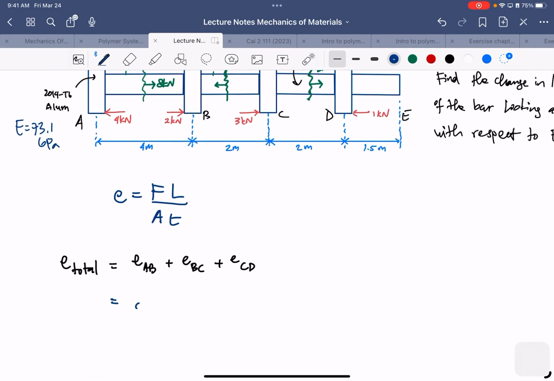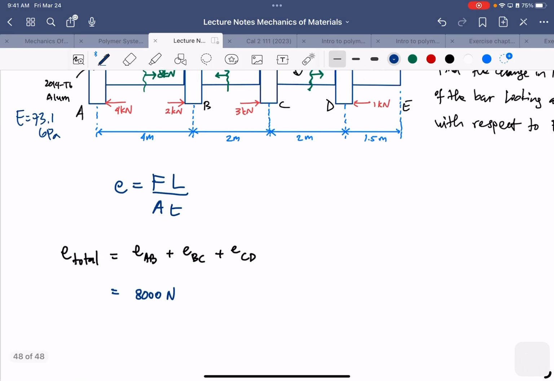Let me write in newton, 8,000 newton, and the length is 4 meters.